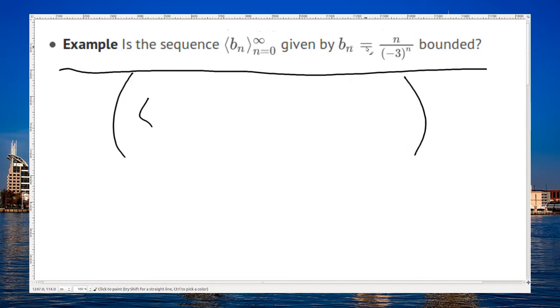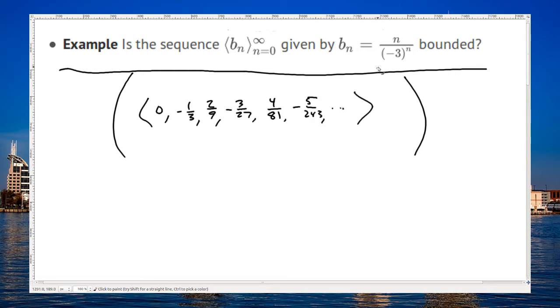And so I'm starting by plugging in 0, so I get 0 over whatever, 1 over negative 3, 2 over 9, then we've got 3 over negative 27. I won't simplify that just to make sure the pattern's obvious, because now I'm going to have a 4. It's going to be positive here, and then it's going to be 81, negative 5 over 243. Okay, and that's probably enough right there.